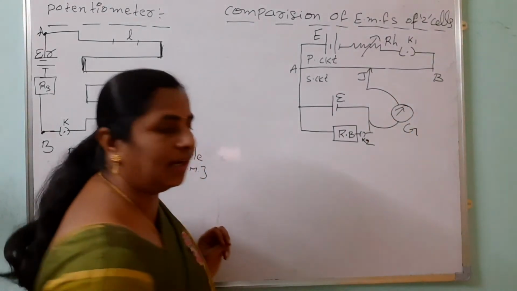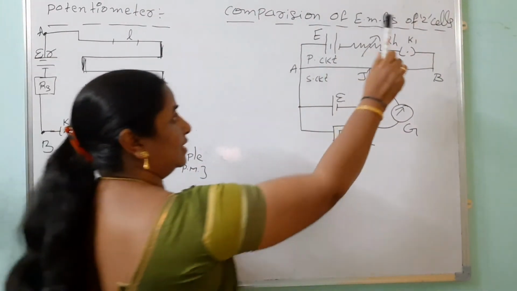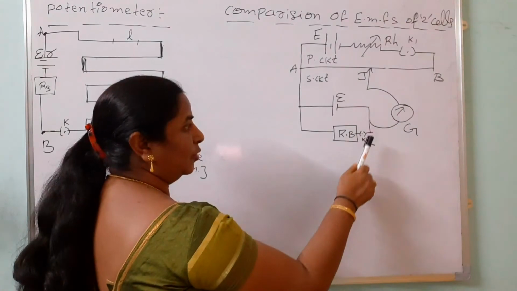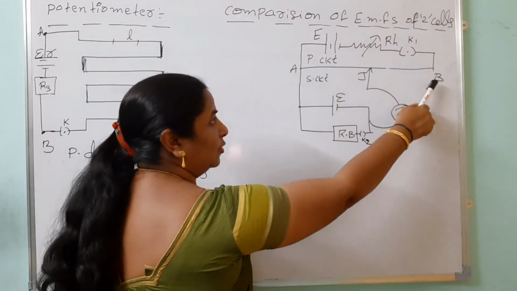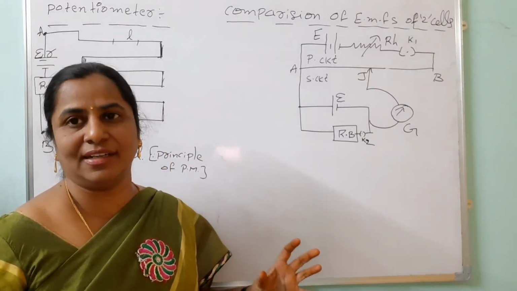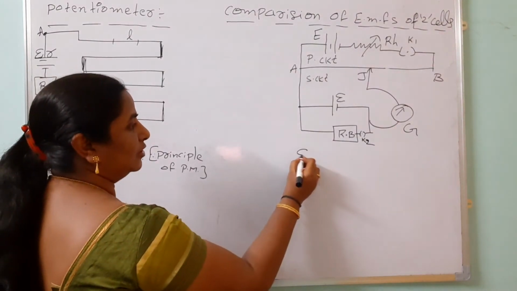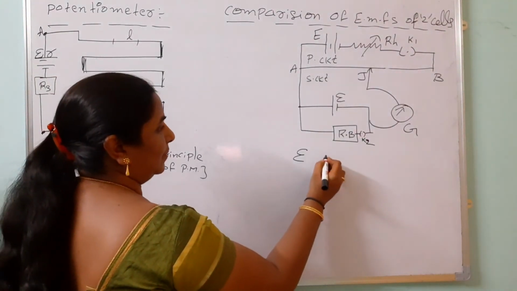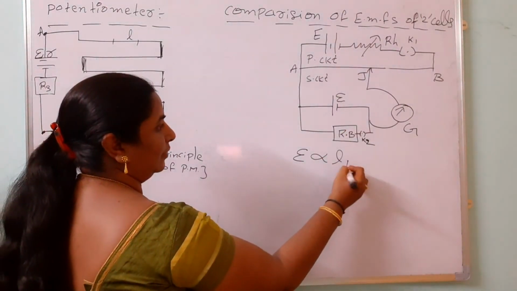Look here. Now how to do this experiment? First we close K1, but we should keep K2 open. Then move the jockey from A to B. After a few adjustments, at one position we get the null deflection. At that time, from the principle of potentiometer, we can write epsilon is directly proportional to L1.